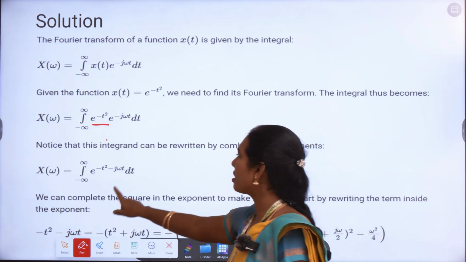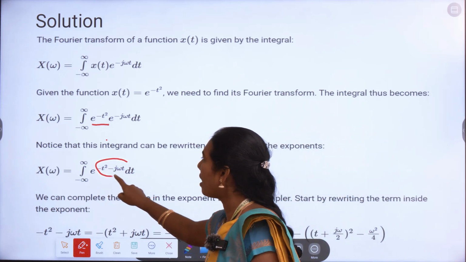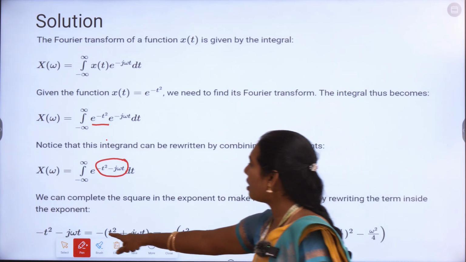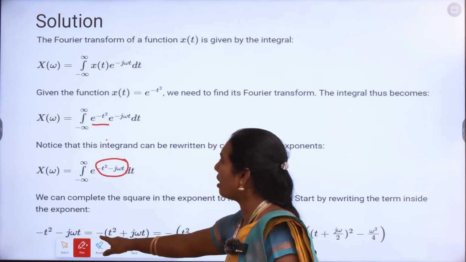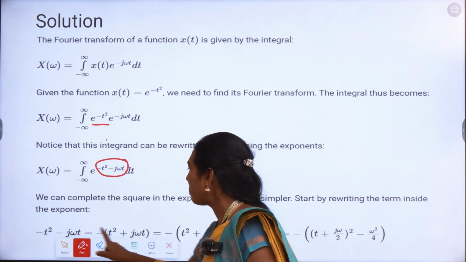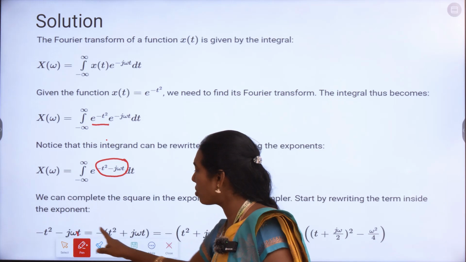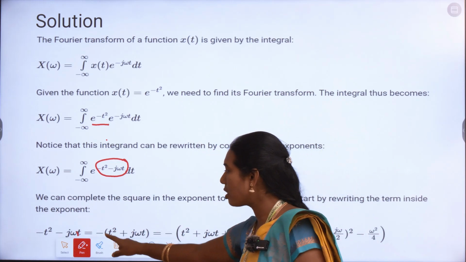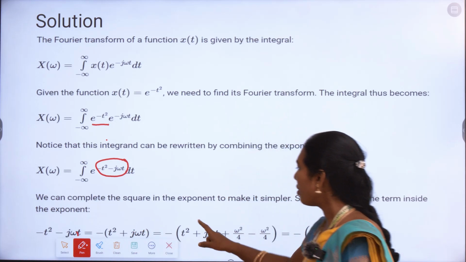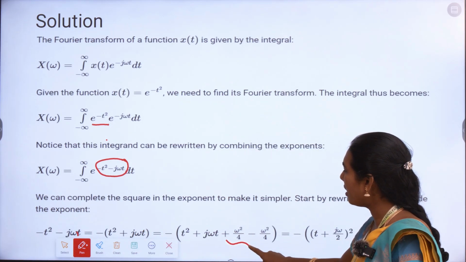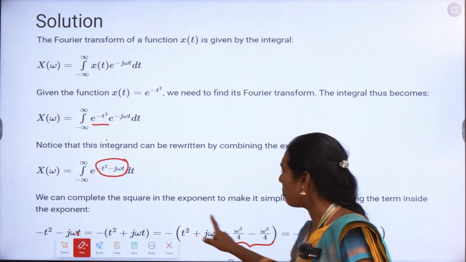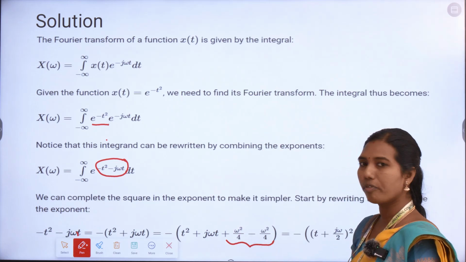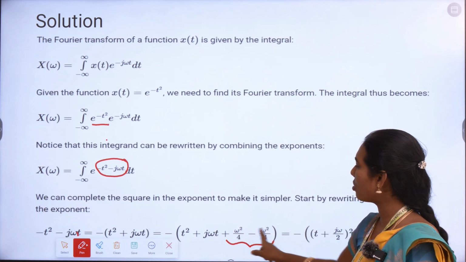After this, the exponential part alone can be rewritten. Here it is t square minus j omega t, which is equal to, taking the minus sign outside, minus of t square plus j omega t. In order to make this exponential simpler, we rewrite it by adding and subtracting omega square by 4.